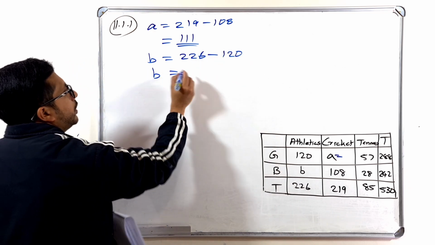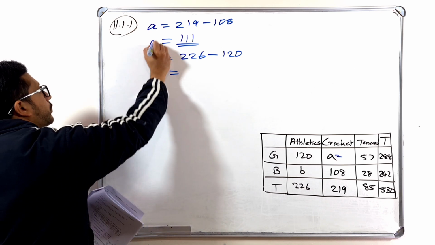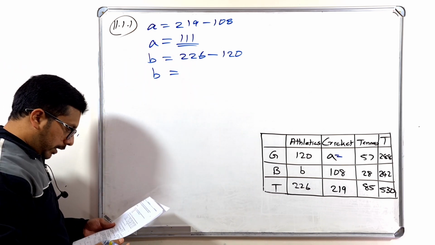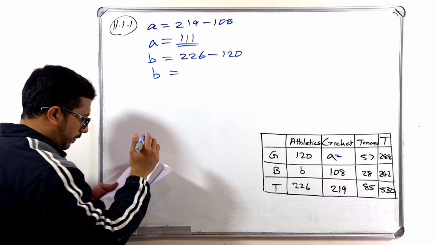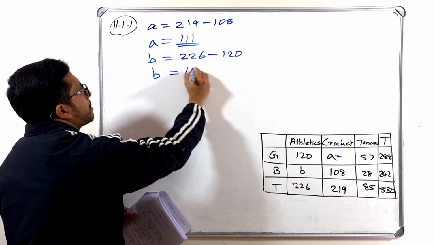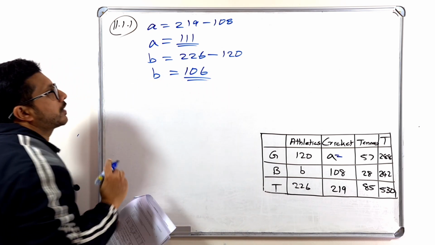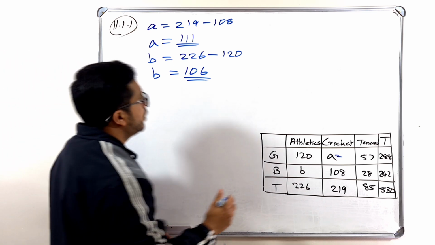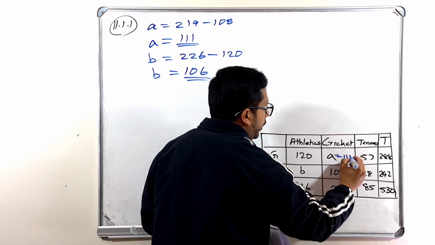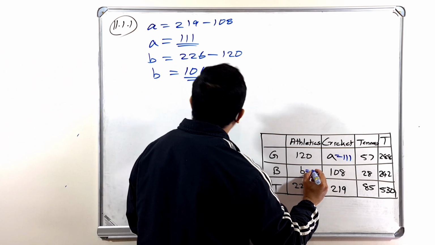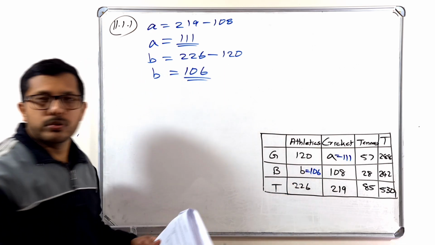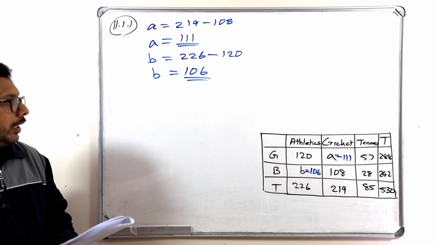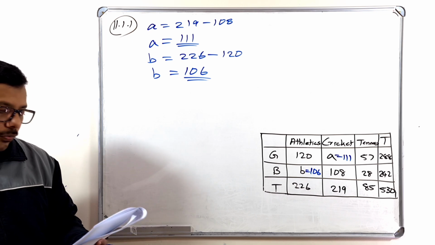Check in your calculator what is the answer for that one. You will get 106. So the value of A is 111 and the value of B is 106. So these are the values you got. So that is question number 11.1.1.